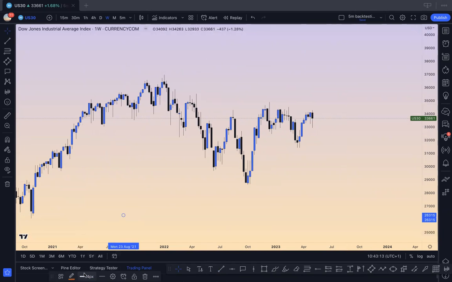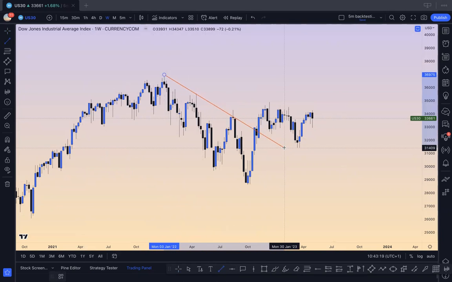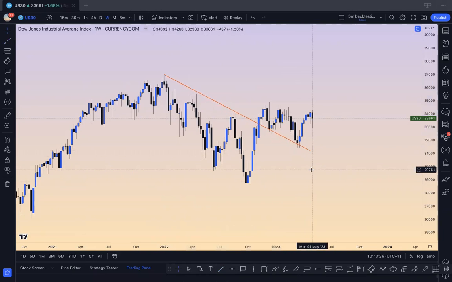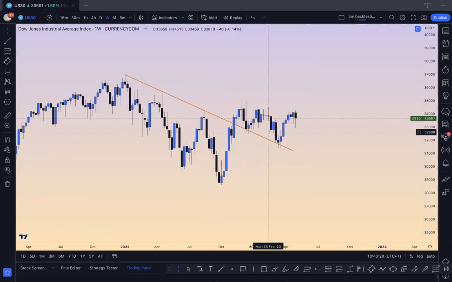Right, so this is my downtrend right there. And I'm not looking at here, I'm looking to take the lower highs, so these two.